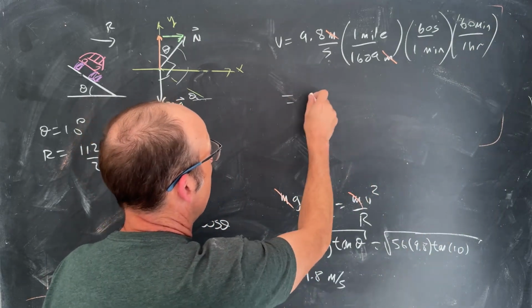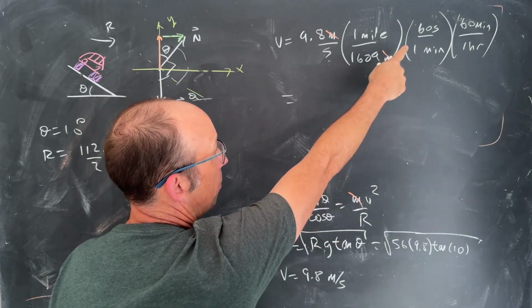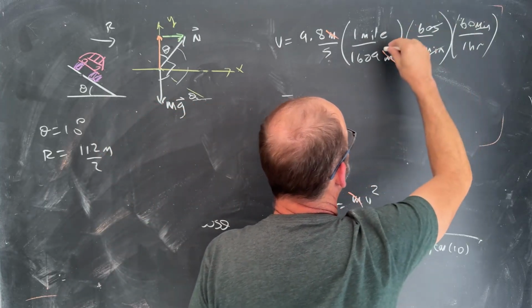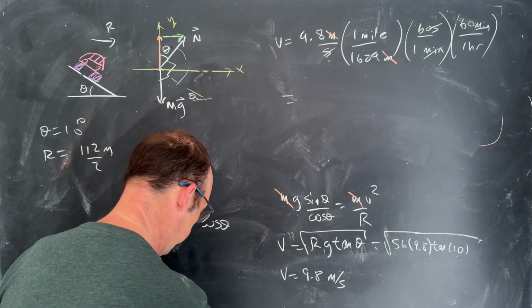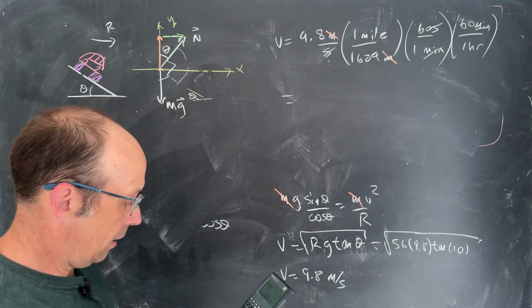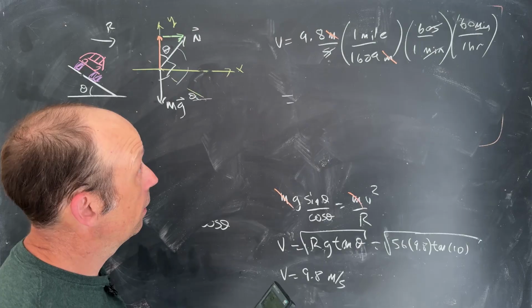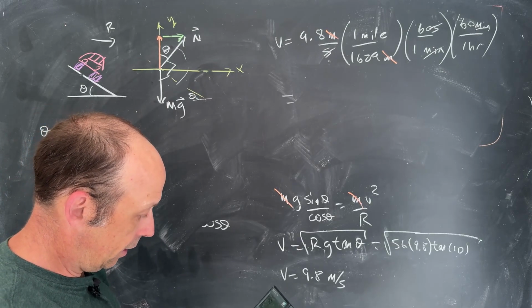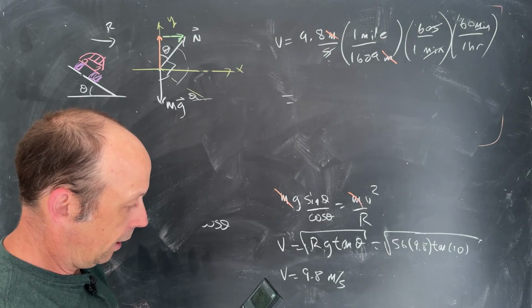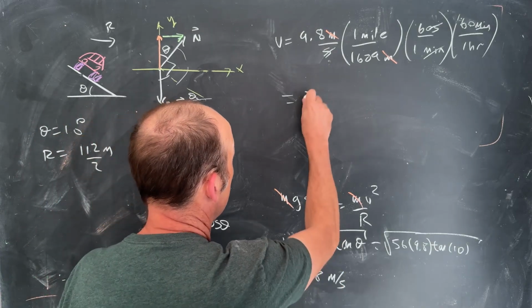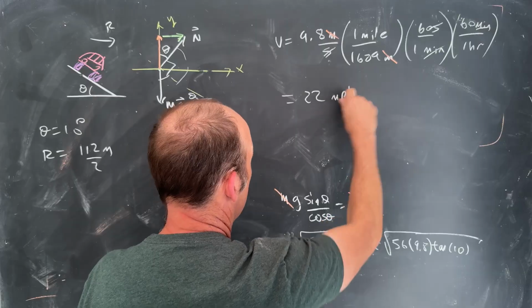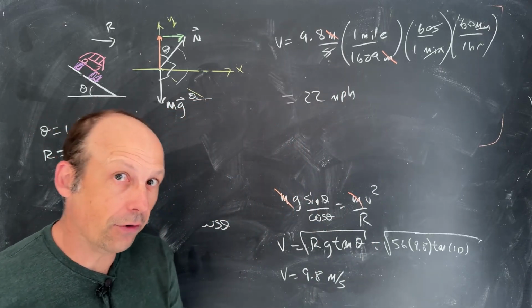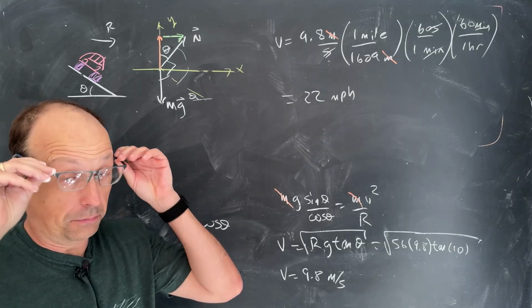So I can get 9.8, divide by that, multiply by 60, because minutes cancel, seconds cancel, until I get miles per hour. Let's plug it in there. So I have 9.8 times 3,600, and then 1609 divided by. I get 22. That's pretty good. And that is the speed limit for your on-ramp, 22 miles per hour, which is pretty reasonable.